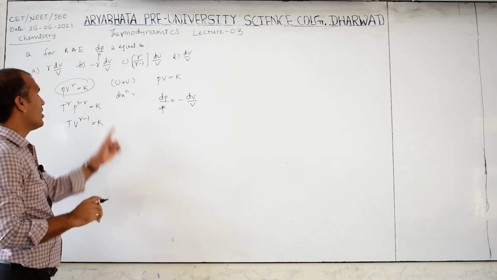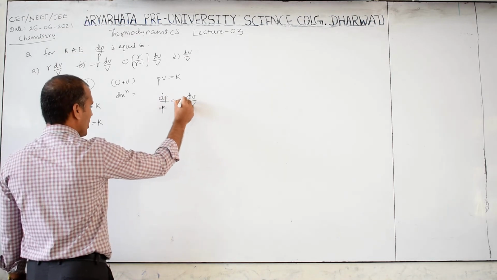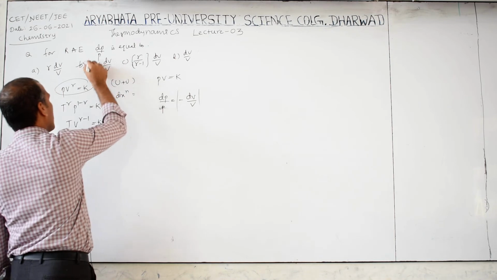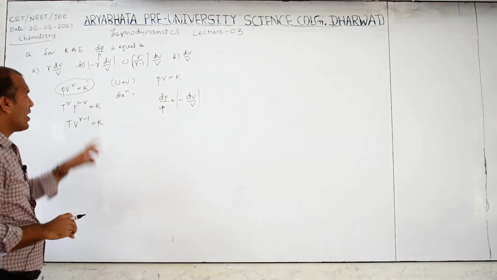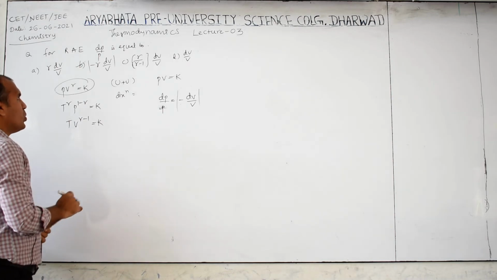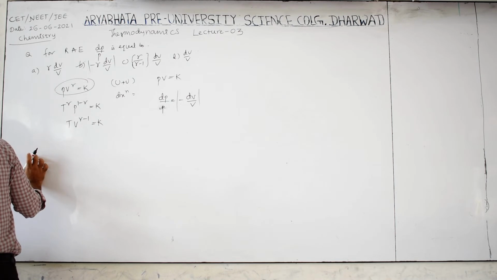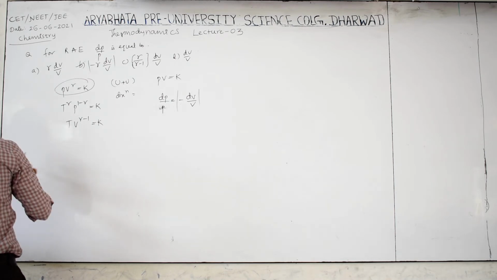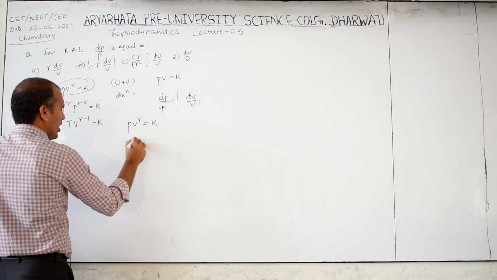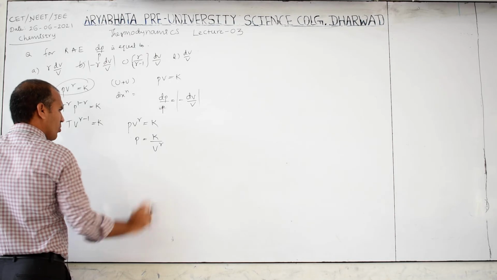One more question is there. If you consider mod here and here also, the gamma value is greater here than in the isothermal case. One more point: PV to the power gamma is equal to K, so P is equal to K by V to the power gamma.